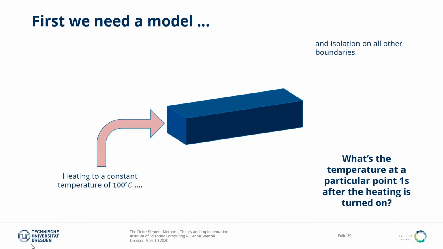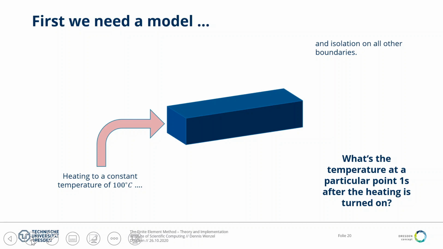We isolate it on all other boundaries. And we ask the question, what's the temperature at a particular point of this brick 1 second after the heating is turned on? So this question might sound simple, but it's actually not super trivial to find out what the temperature is.